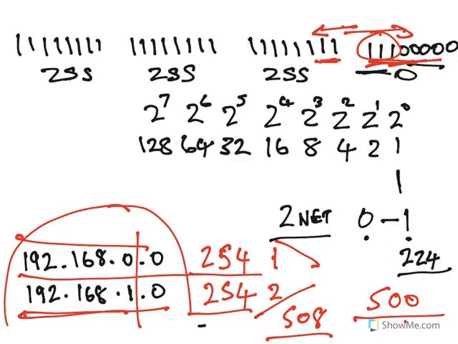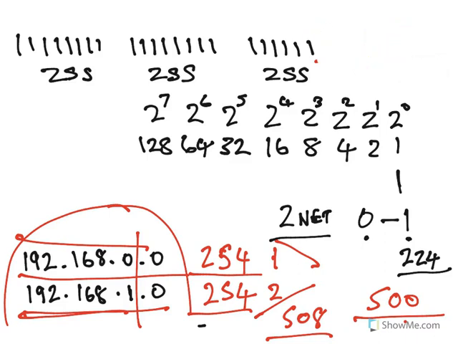What that means is, if I look up here, 1, 2, 3, 4, 5, 6, 7, 8, that's my default subnet mask. Because I need 1 bit for my 2 networks, I've got to take away this bit here, and that needs to become 0.